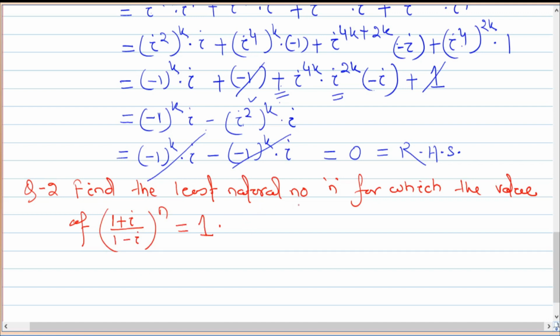You have to find the least natural number, that means n belongs to N. So now we'll take the solution.